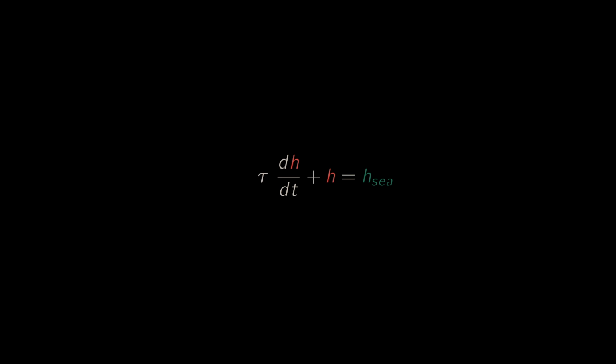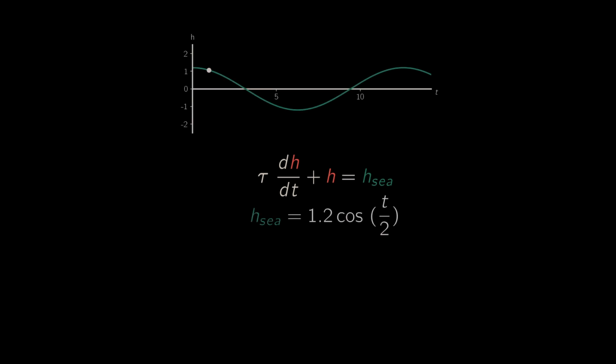In our case, the tidal water level at sea varies harmonically with a period of 12.5 hours and a vertical range of 2.4 meters. The properties of basin and gap are such that the relaxation time tau has a value of 2.2 hours. We thus obtain the following differential equation for the water level in the basin.